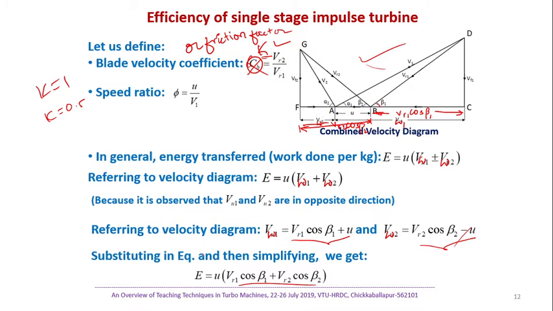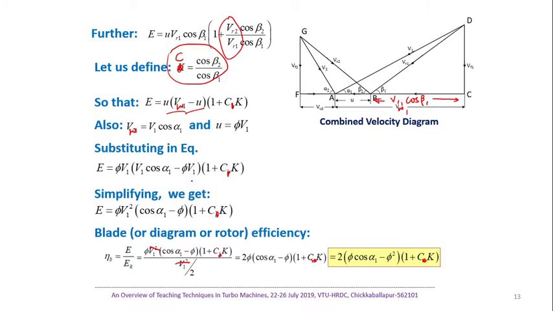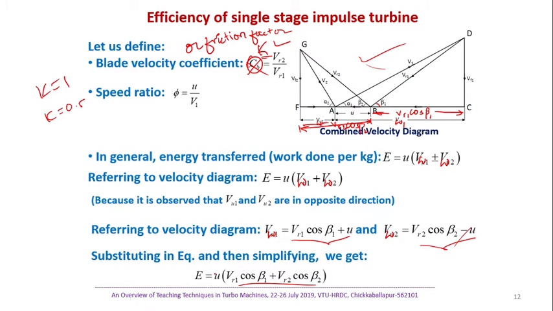Now, take VR1 cos beta 1 common. I am taking VR1 cos beta 1 outside. So the remaining is 1 plus VR2 cos beta 2 by VR1 cos beta 1. If I want to take this outside, I need to divide by VR1 cos beta 1; only then can I take it outside.